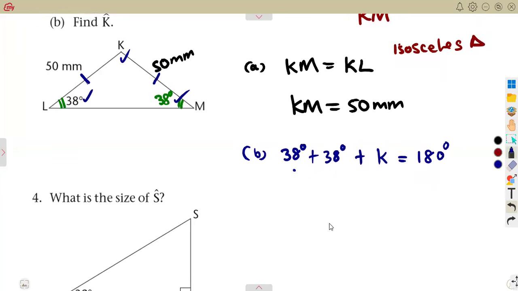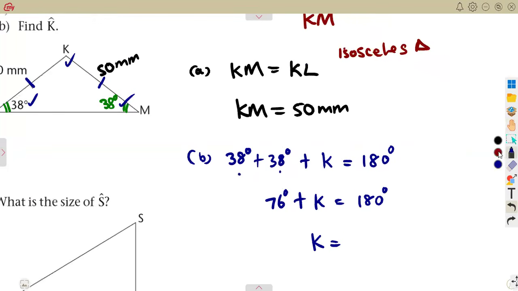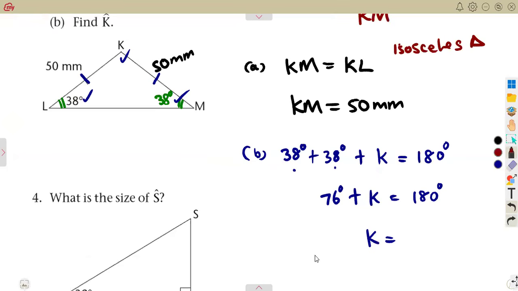All right, so 38 plus 38 is 76 degrees, plus angle K is equal to 180 degrees. So we can simply take this 76 to the other side. That's obtaining our angle K. Just like in the previous case, guys, if there's a positive, we take it to the other side, it jumps the equal sign, and it will be a minus on that part.